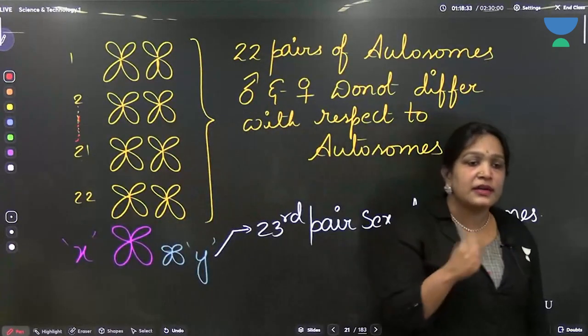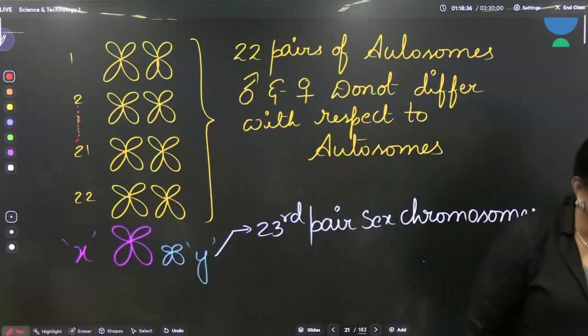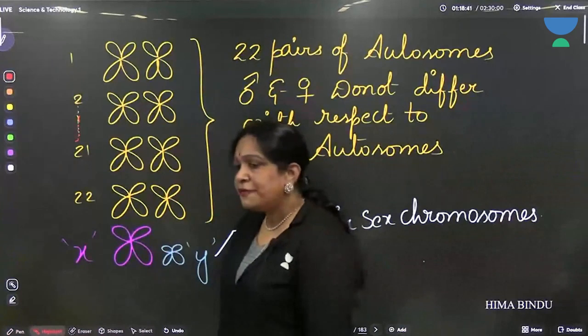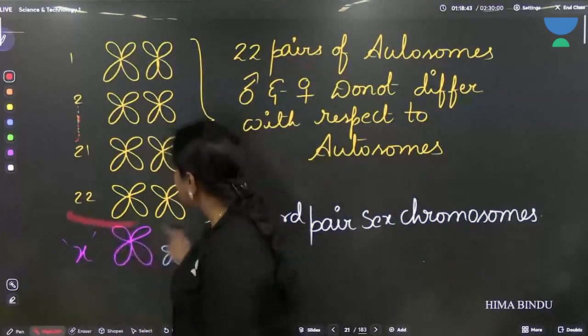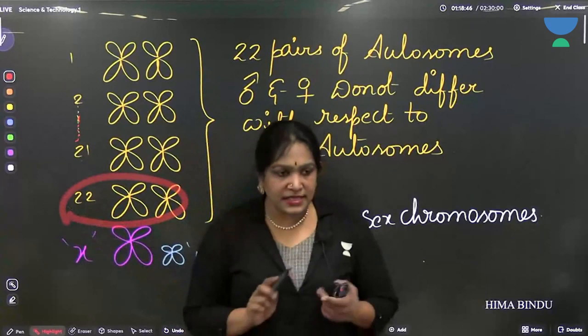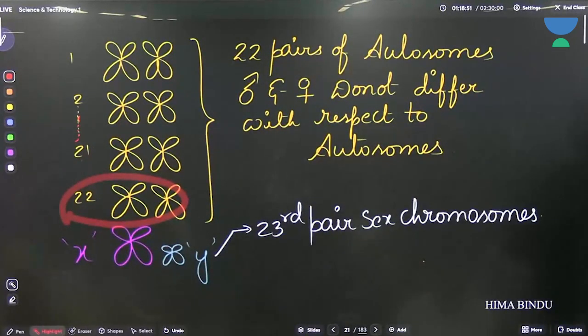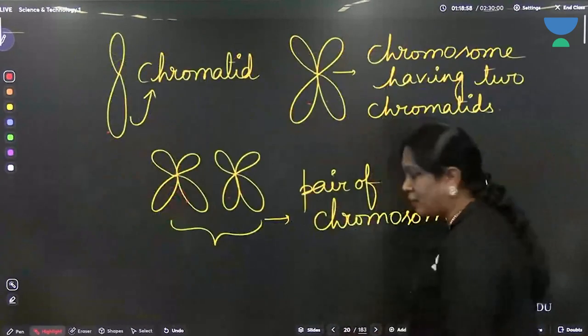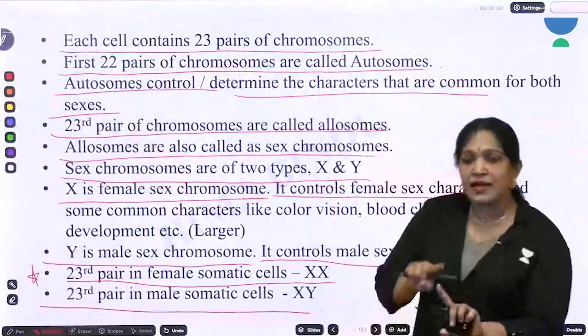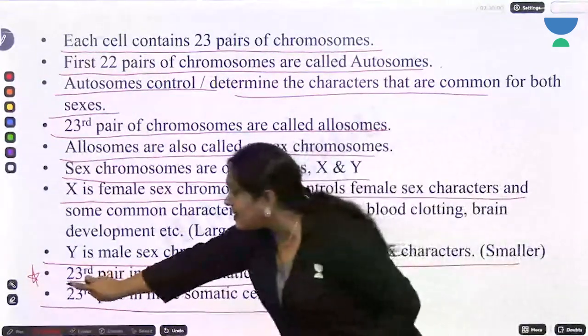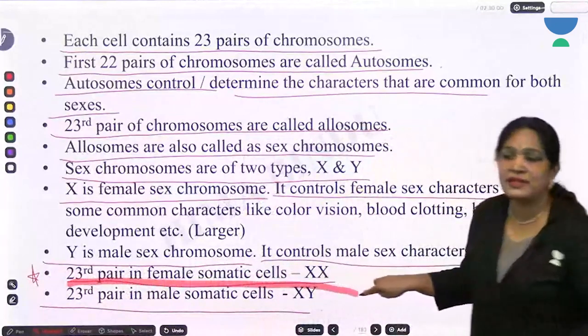So I told you the 23rd pair in females is XX. And now one small question to you. In the females, is the 22nd pair XX or XY? Think like this. If the 22nd pair is also XX, then why would I write that the 23rd pair in females is XX?